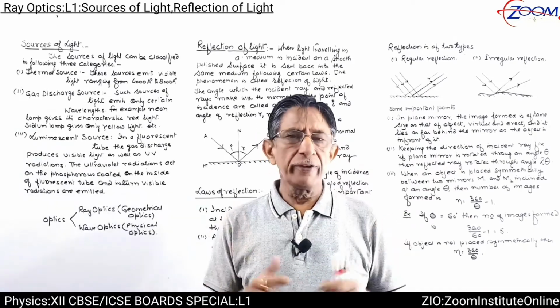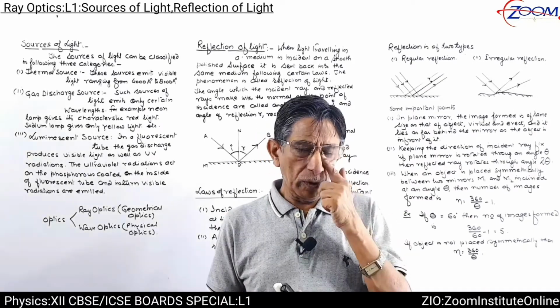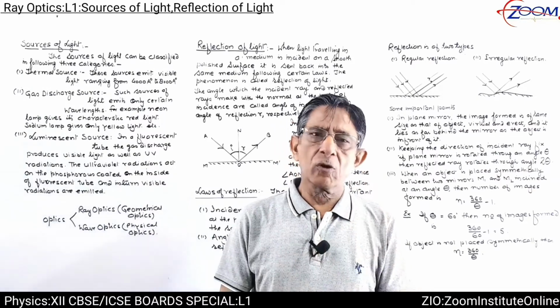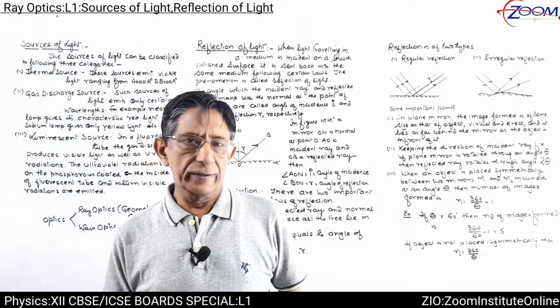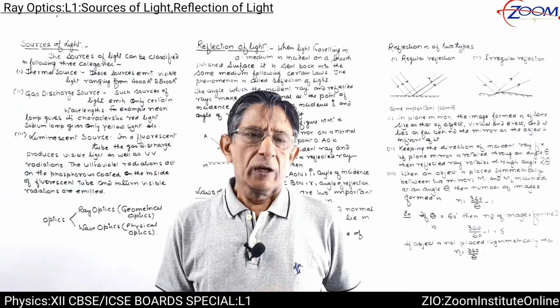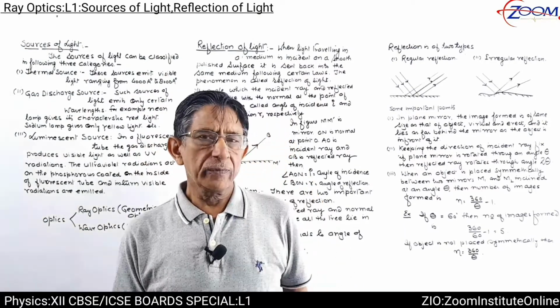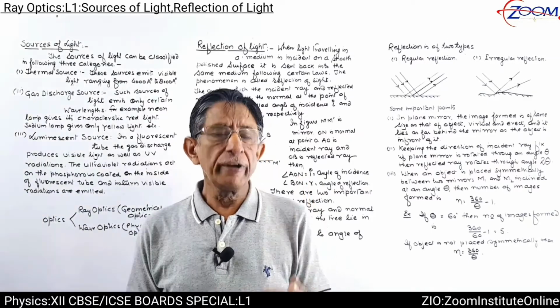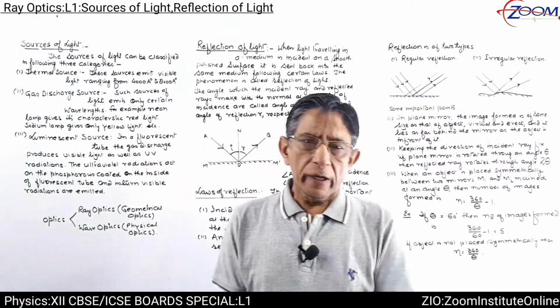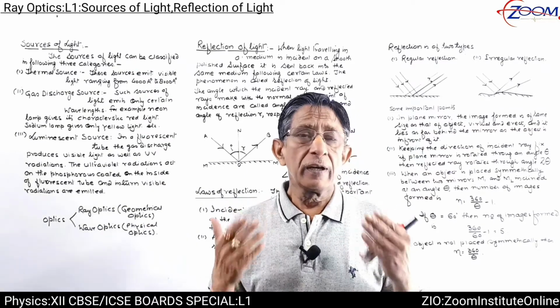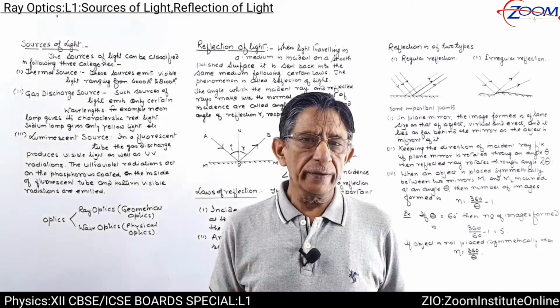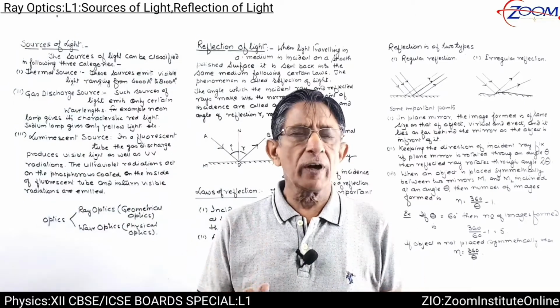So, the branch of physics in which we study about light, students, is called optics. Optics is basically classified into two parts. One is called ray optics and one is called wave optics. In ray optics, we study about mirrors, lens, optical instruments and various formulas related to them.